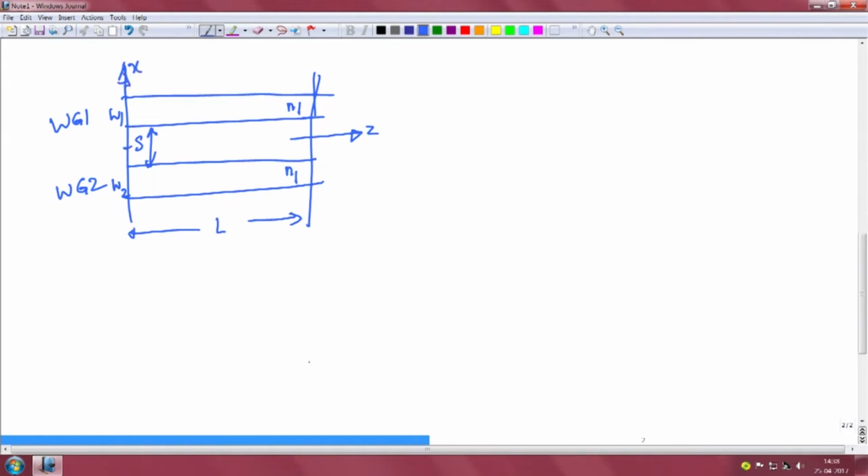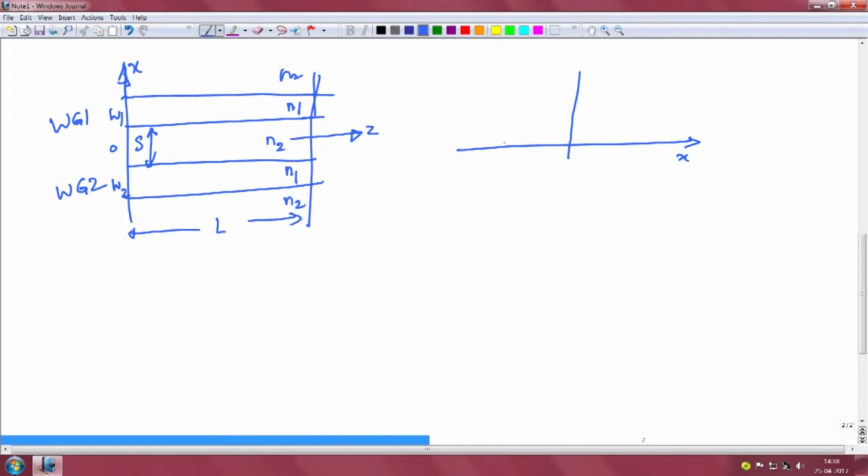So, the refractive index profile can be written as follows along this x direction. I will take the origin to be the middle of this structure, and the refractive index is N2 in the substrate.